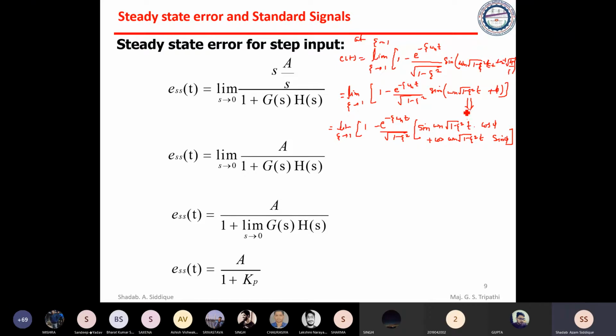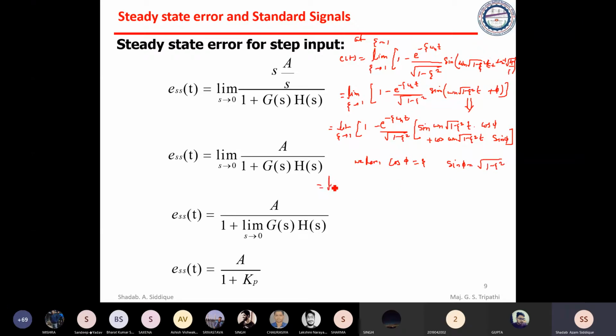We already know cos phi is nothing but zeta, so we substitute cos phi equal to zeta, and sine phi as the square root of 1 minus zeta square.